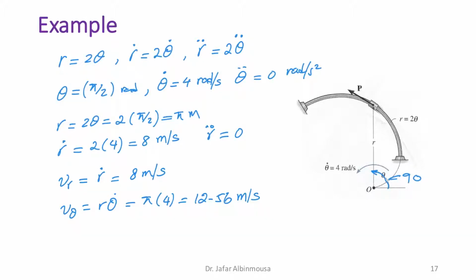Now, the magnitude of the velocity is going to be equal to the square root of 8 square plus 12.56 square, which is equal to 14.89 meters per second.